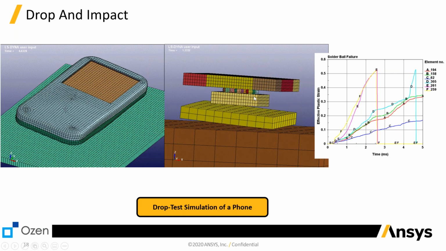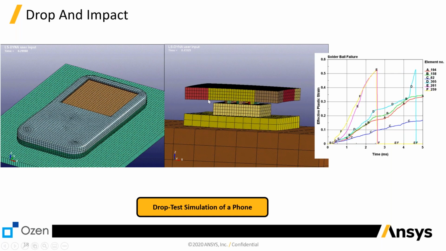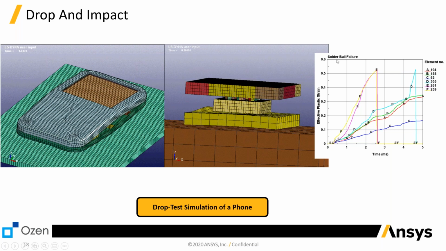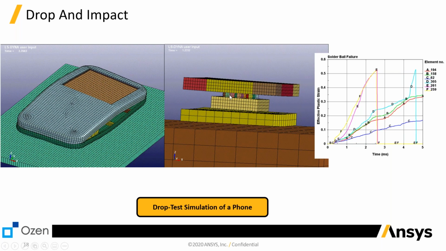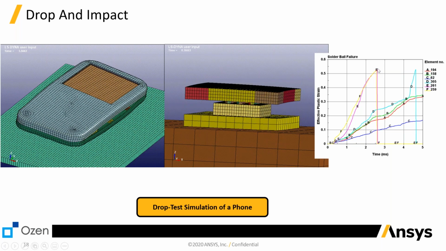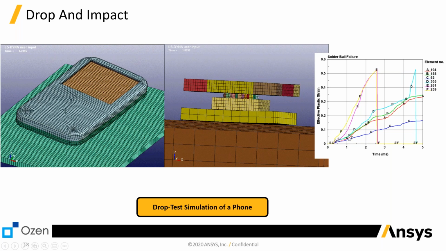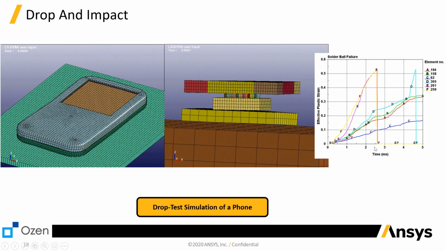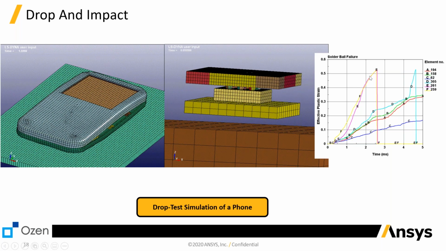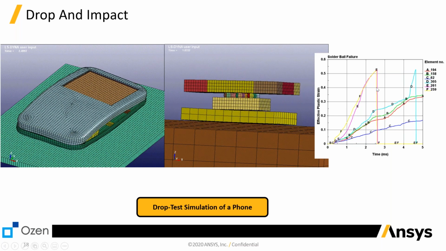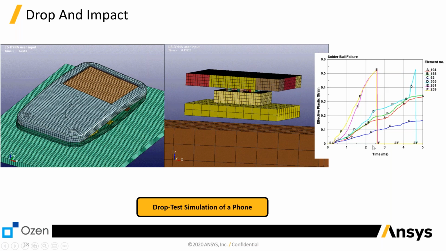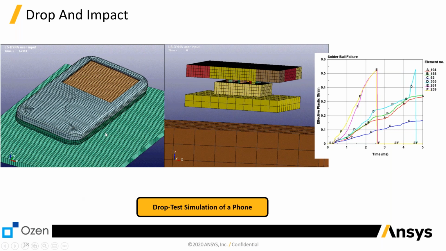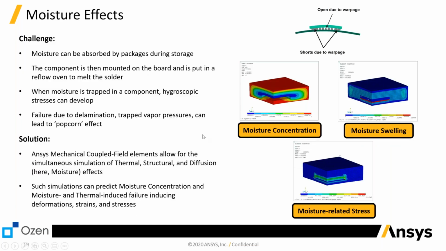From these drop test simulations you can actually predict which solder balls, which solder joint connections, are going to fail, and after how many milliseconds. In this case, you can see one of them failed after 2.5 milliseconds. So these are all possible. We have fast computers. We have technology like LS-DYNA to be able to do this.